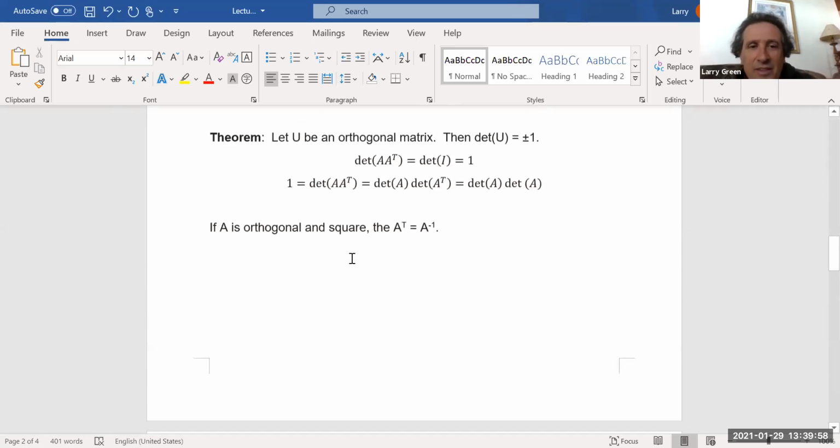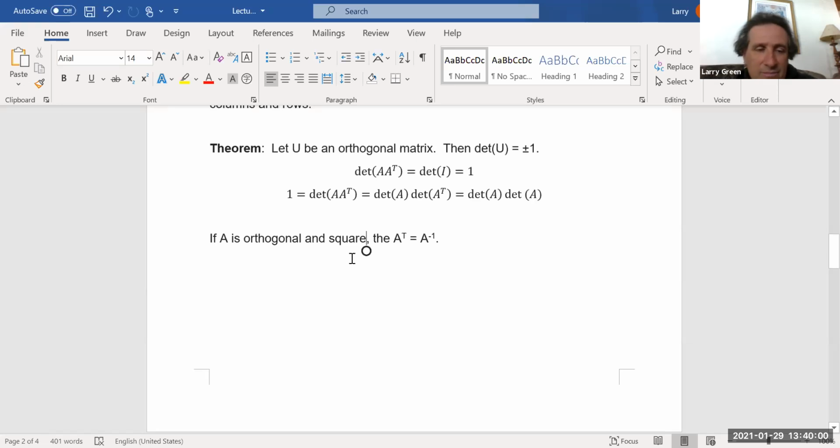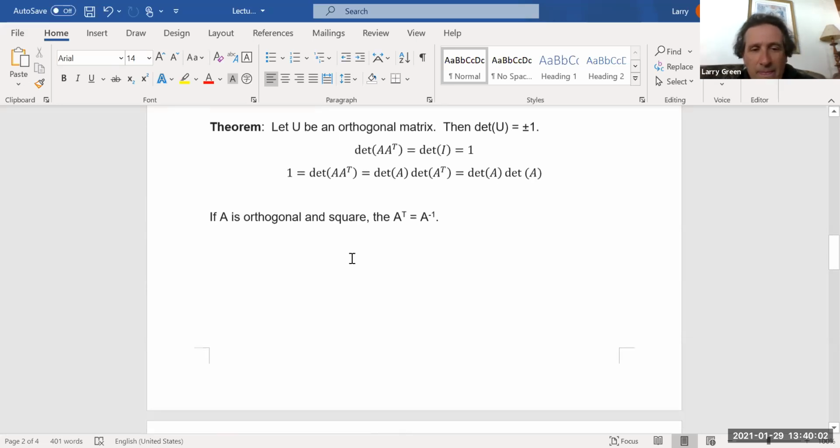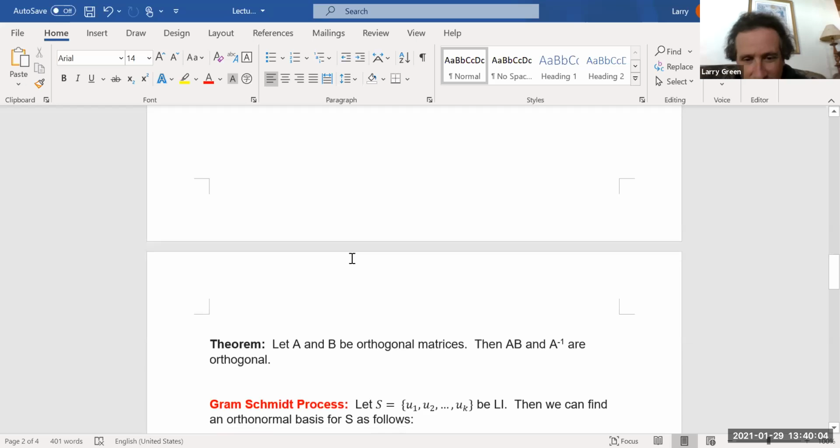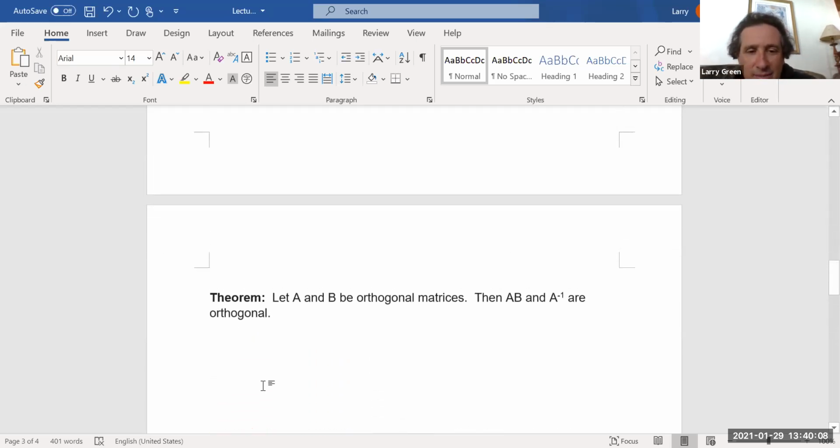Any questions on this theorem and this little extra theorem here? Okay, so the next one is: if A and B are orthogonal matrices, then A times B and A inverse are also orthogonal. That is, if A inverse exists and if AB exists. If they don't exist, you can't even talk about them. How do you prove something like this?